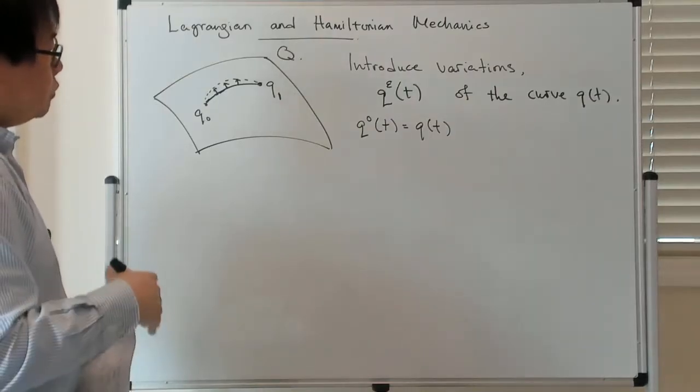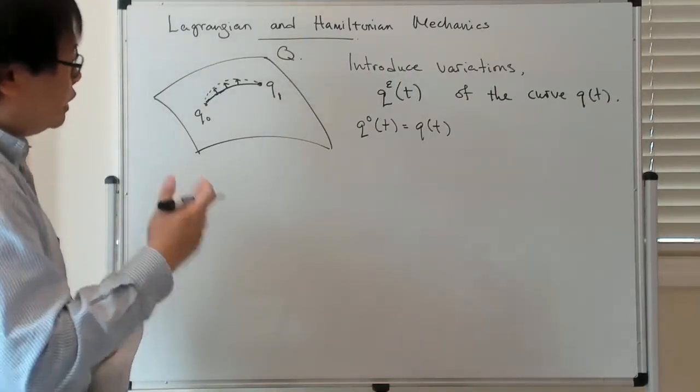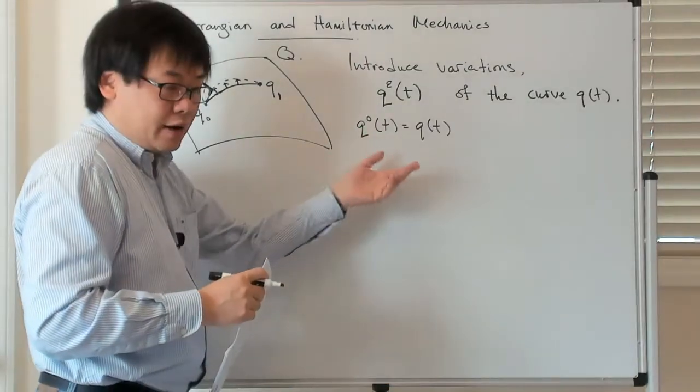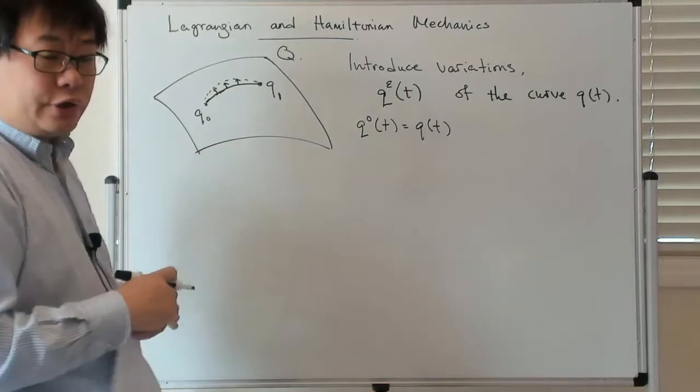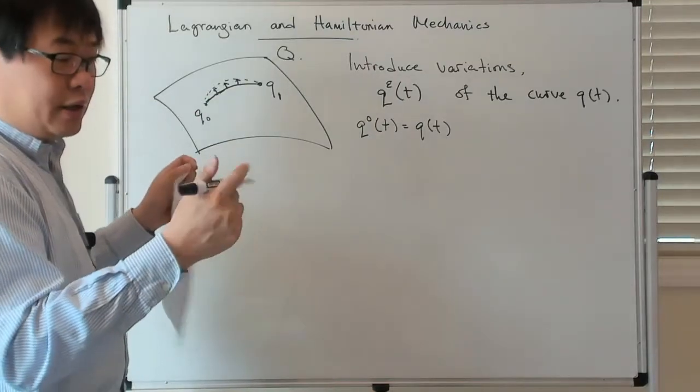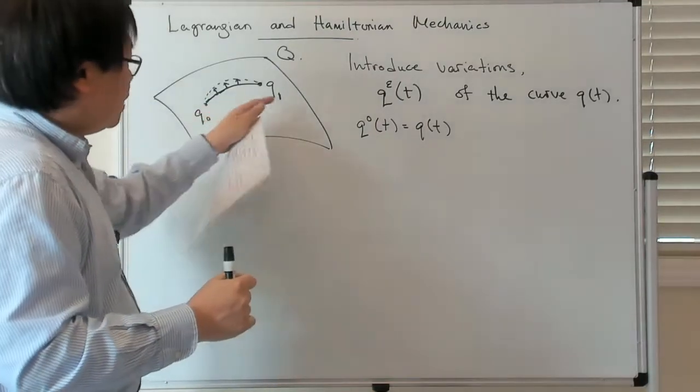And then in Hamilton's principle, in addition to the property that when epsilon is equal to 0 the variation recovers the original curve, you also have the property that the variations keep the endpoints fixed.